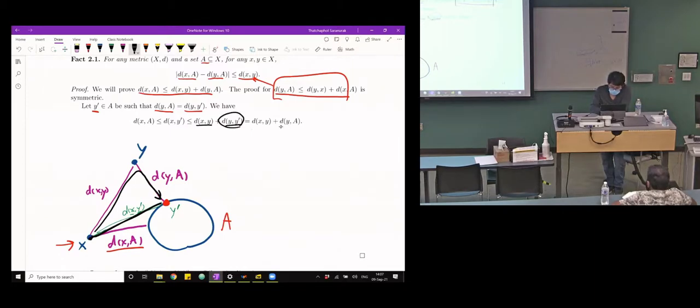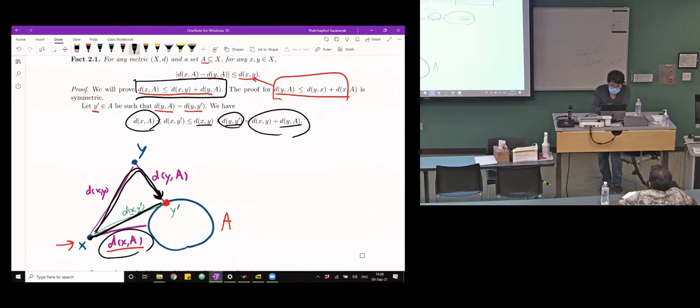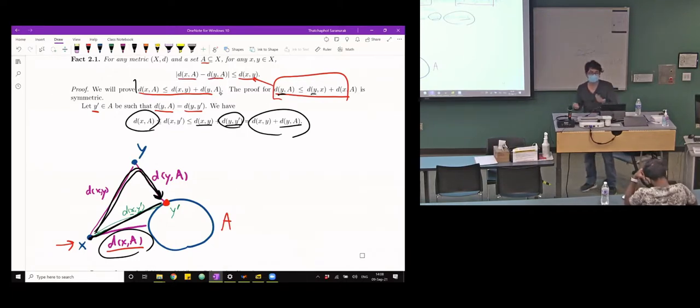But the distance from Y to Y prime is just dyA. That's why dxA is at most this, and that's why we have this inequality. To prove the other direction, it's just a symmetric argument.